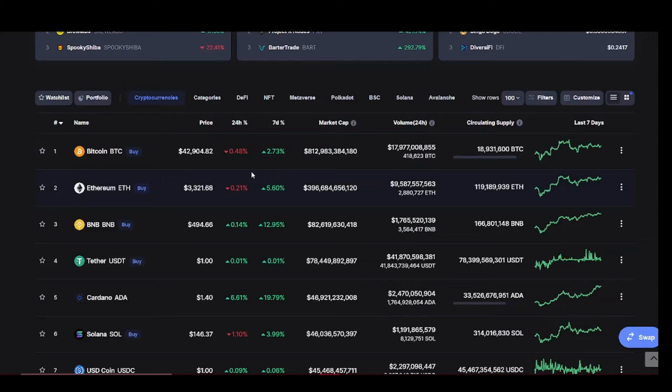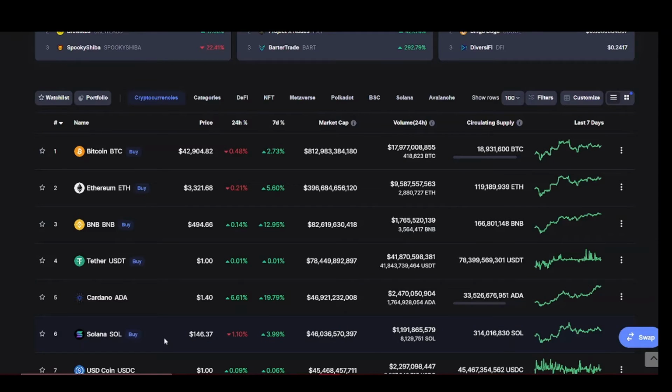So somebody who is more prone to taking risk might have 50% or less in Bitcoin and the rest of their money in the rest of the altcoins here. Whereas somebody who doesn't want to take too much risk might have 70 or 80% of their portfolio in Bitcoin and just use the remainder to play around.